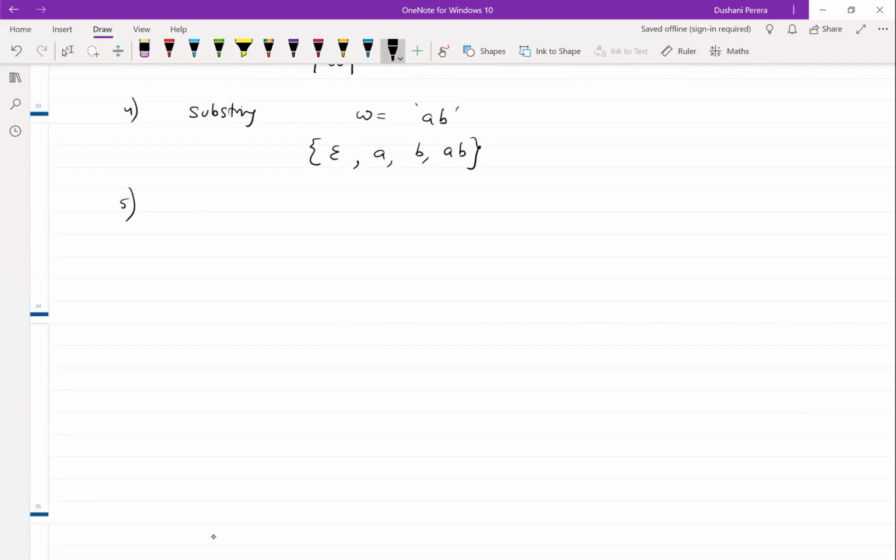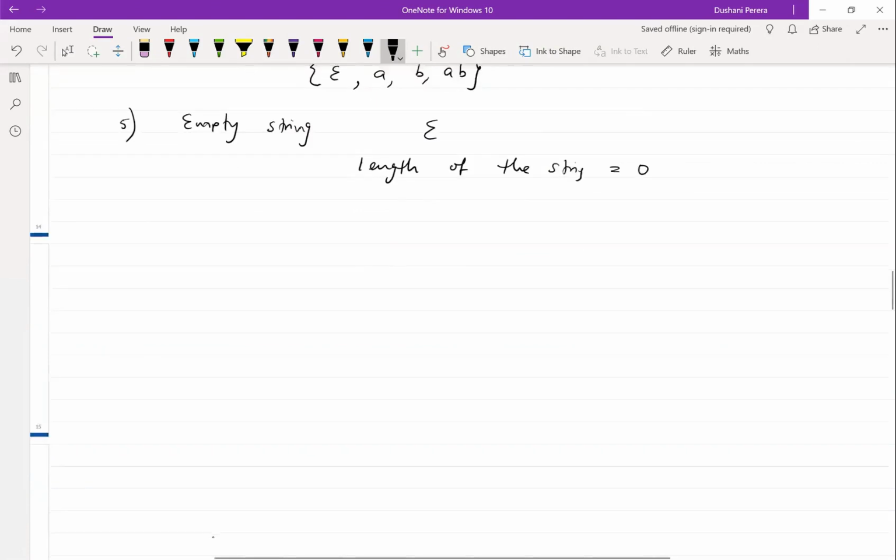Finally, we can talk about an empty string. Empty string, null string, that means nothing, length is 0. We symbolize it using epsilon, the same as what was put here. So this means the length of this string equals 0.